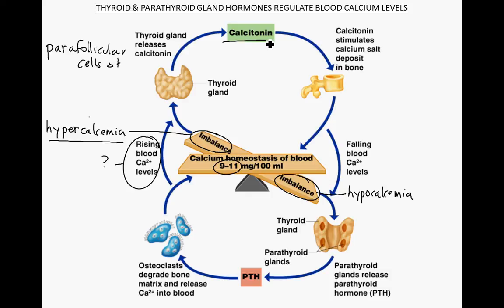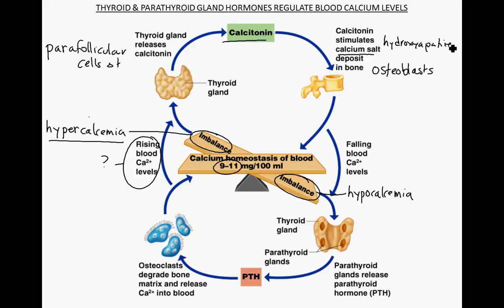That calcitonin then has as its target cells osteoblasts. These osteoblasts have receptors for calcitonin on them, and those osteoblasts are then signaled to deposit this calcium salt, or the hydroxyapatite, into the bone.